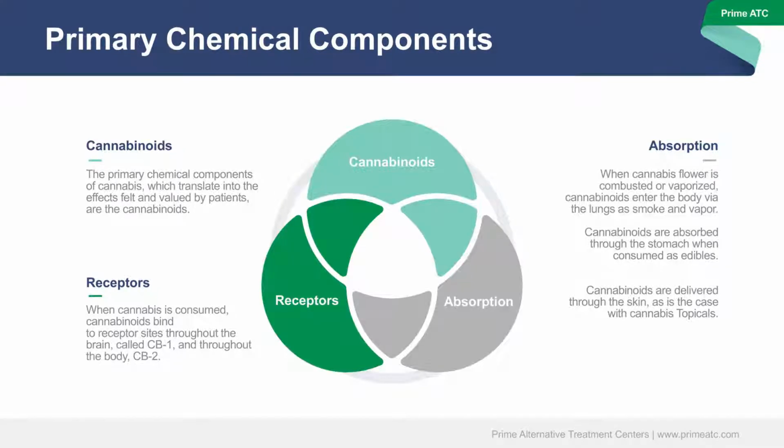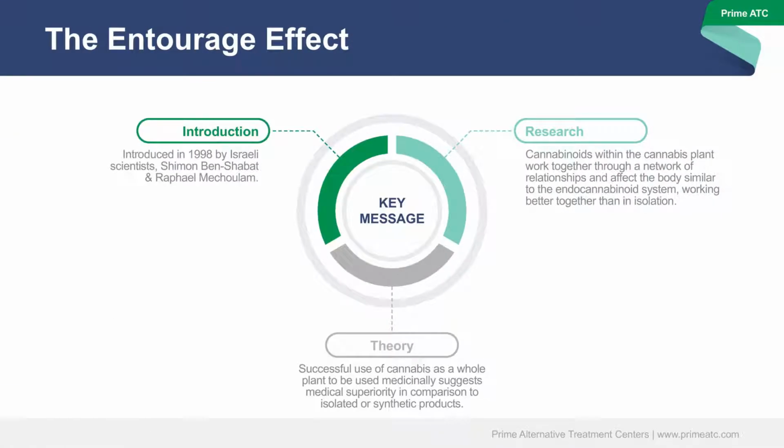The concept of the entourage effect was introduced in 1998 by Israeli scientists Shimon ben Shabbat and Raphael Mechoulam. The theory is that cannabinoids within the cannabis plant work together through a network of relationships and affect the body in a mechanism similar to the body's own endocannabinoid system.